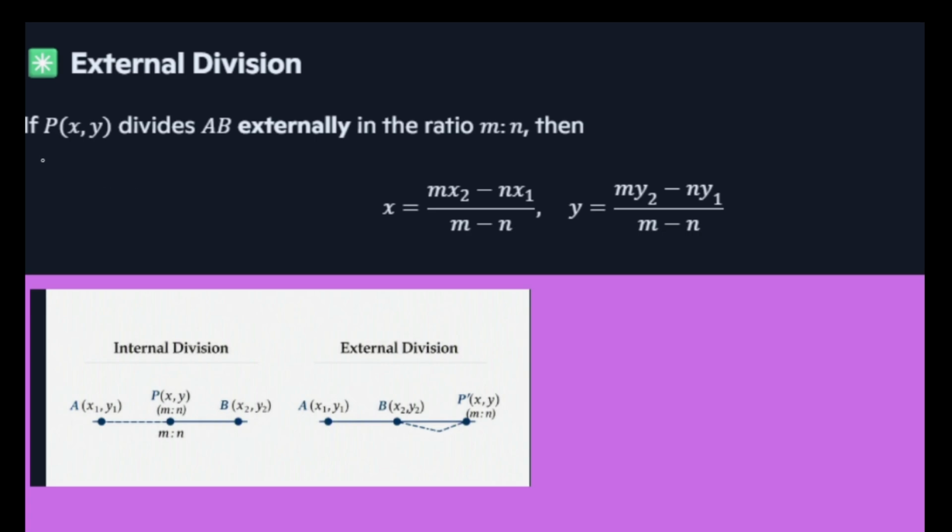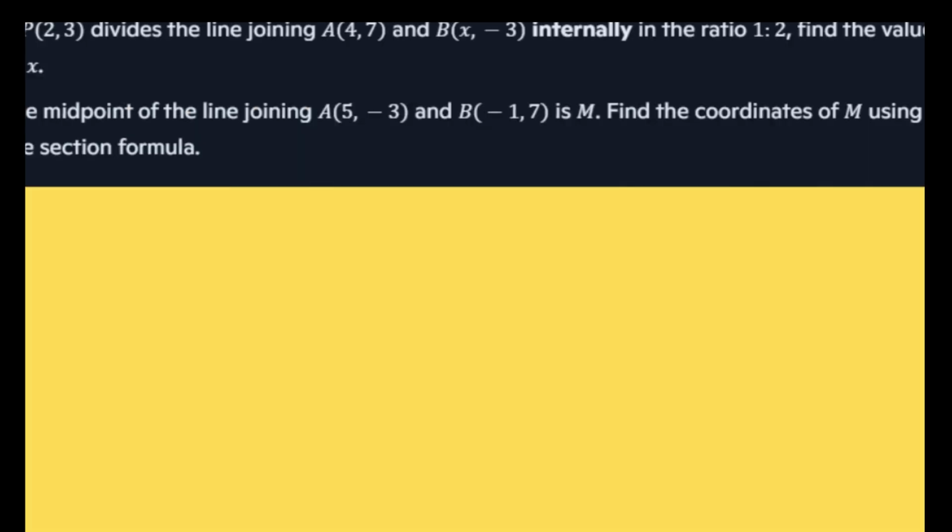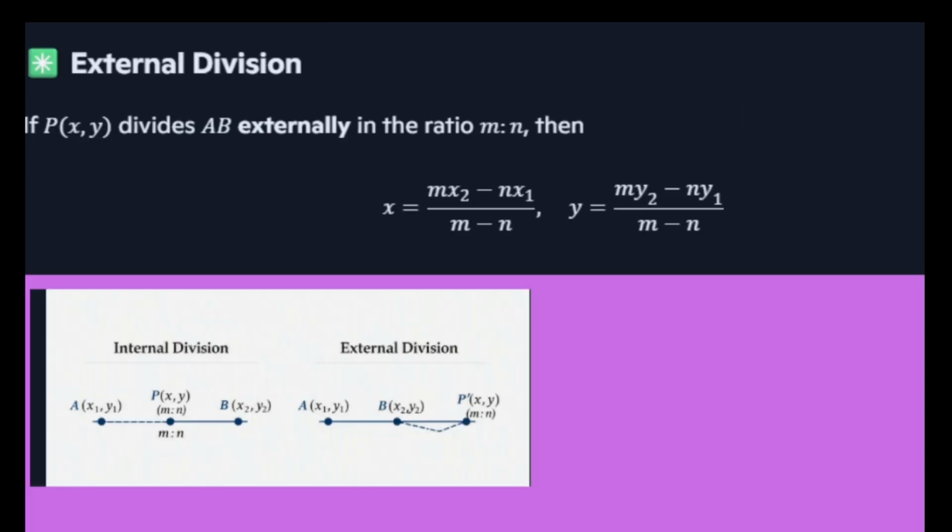So, external division and internal division. Firstly, we are going to learn the external division formula. You will be given a ratio here. For example, if you have point (1, 2) and point (3, 4), and the ratio is 2 is to 1, you have to find this point P(x, y).